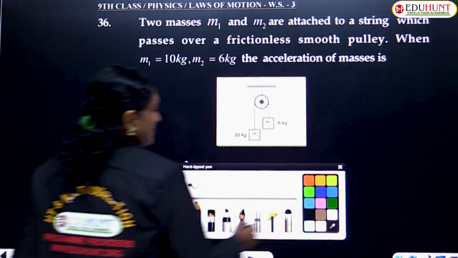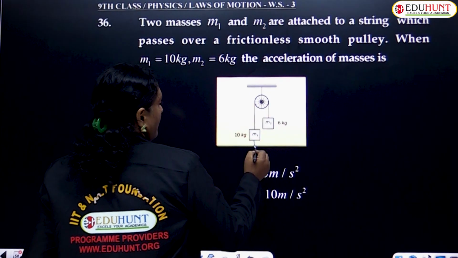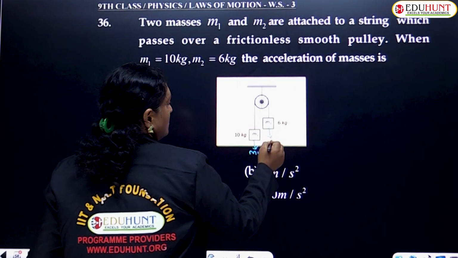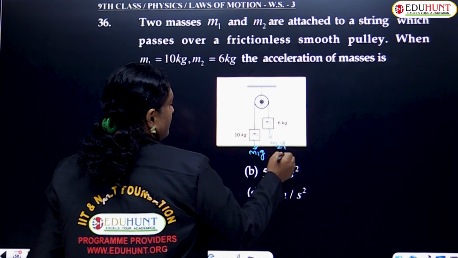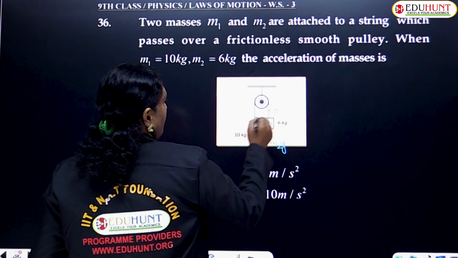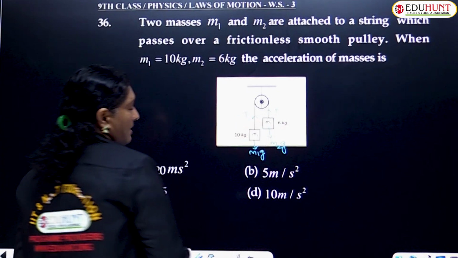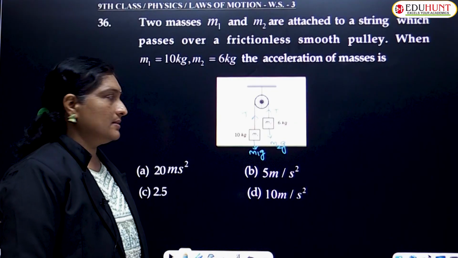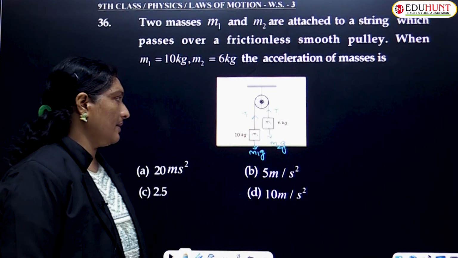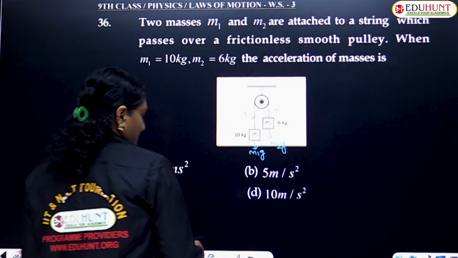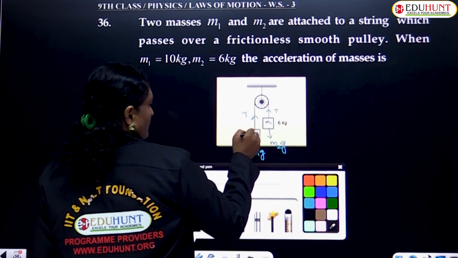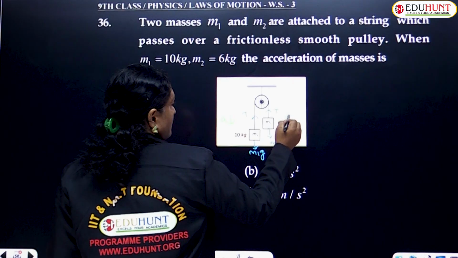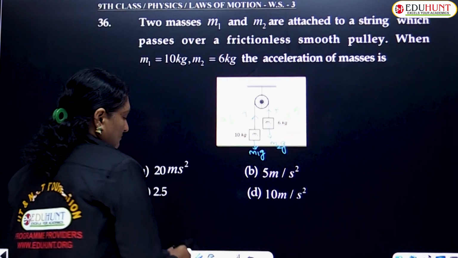Observing the same, clearly we have M1g acting downwards and M2g acting downwards, tension in the string upwards and tension in the string upwards. Clearly we have 10 kg is greater than 6 kg, that means M1 is greater than M2. So as this mass is greater, it must be accelerating downwards and this must be accelerating upwards.